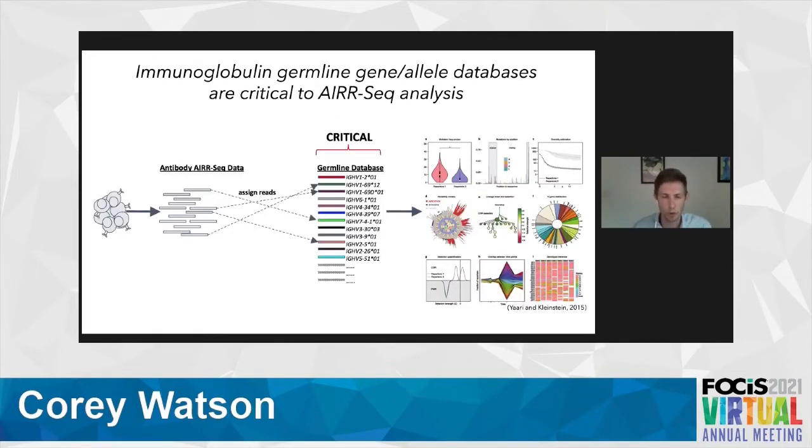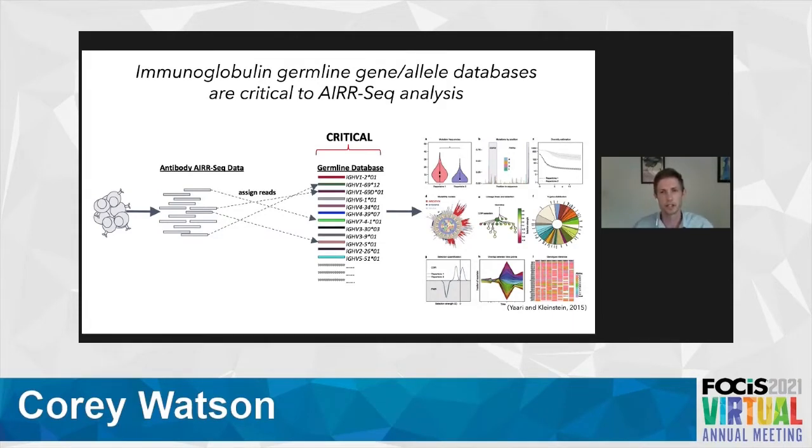And so with this in mind, and given that a lot of the analysis that many of us engage in is centered on characterizing these sequences in a repertoire, an important aspect of many of these analysis pipelines is the use of germline databases.